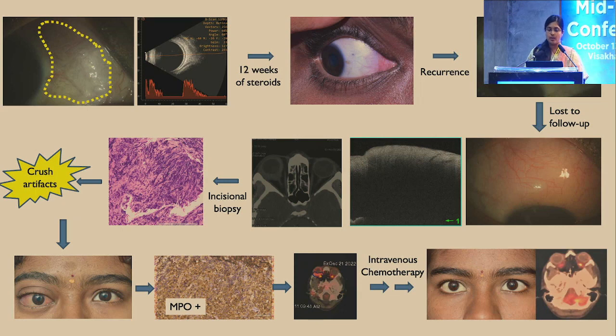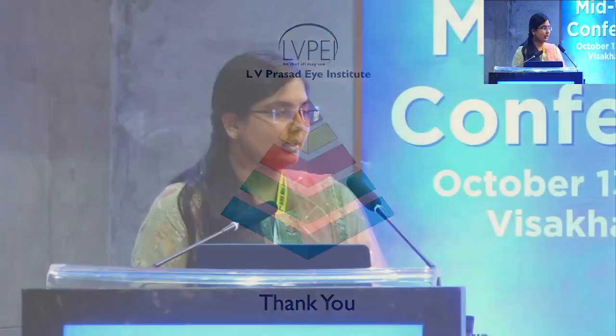The initial incisional biopsy was inconclusive, and while awaiting the report there was progression of the disease. The repeat biopsy showed strong MPO positivity, and PET CT showed a periocular metabolically active area. The final diagnosis was extramedullary isolated myeloid sarcoma of the orbit, which was treated with intravenous chemotherapy and showed resolution. Final outcome.